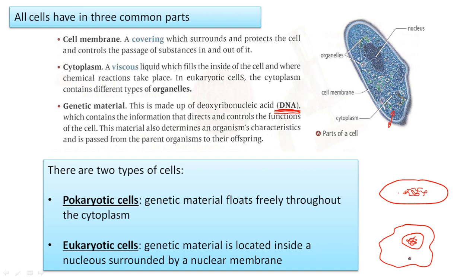Apart from this difference, that is the most important one, the eukaryotic cell is more complex than the prokaryotic cell because it has a lot of organelles, different organelles with functions that we will see in the next lesson.